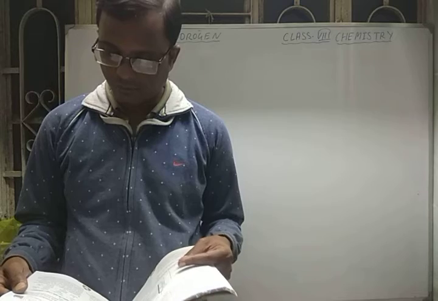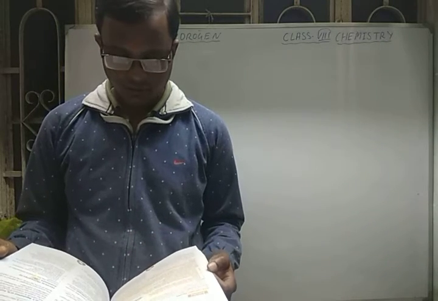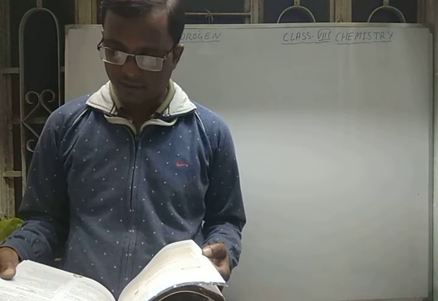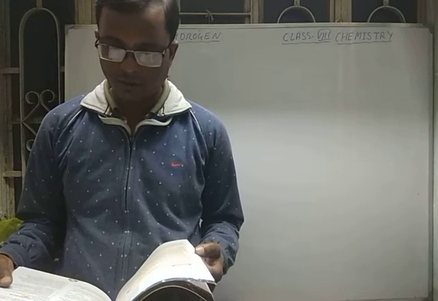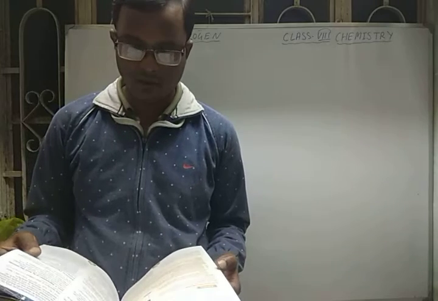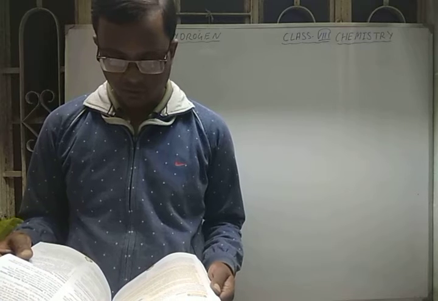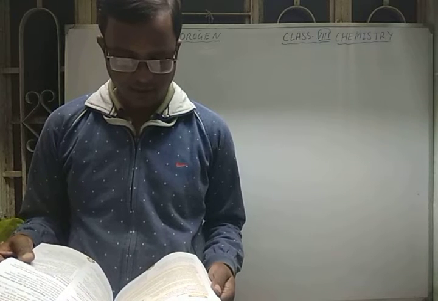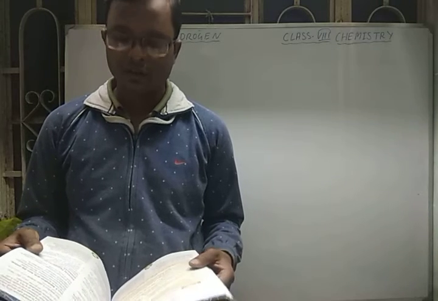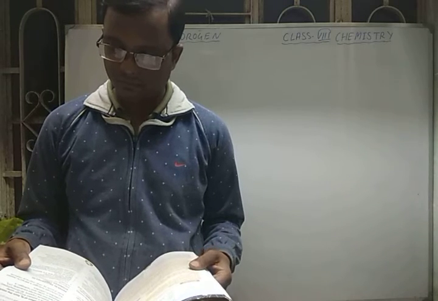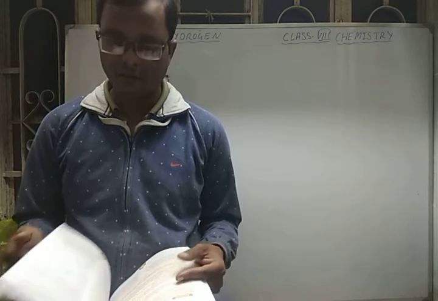As you know, when hydrogen comes in contact with chlorine, it gives hydrogen chloride gas. If it is done in bright sunlight, the reaction will not be proper, and it may catch fire also.